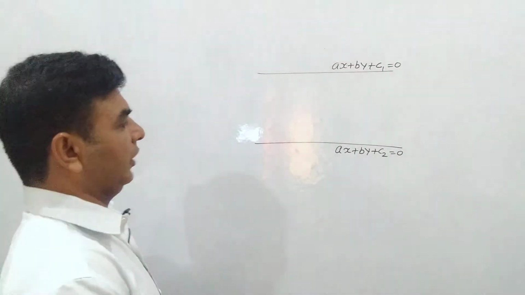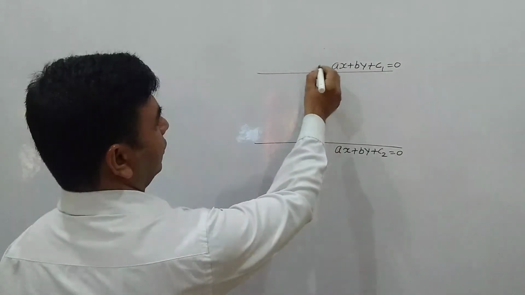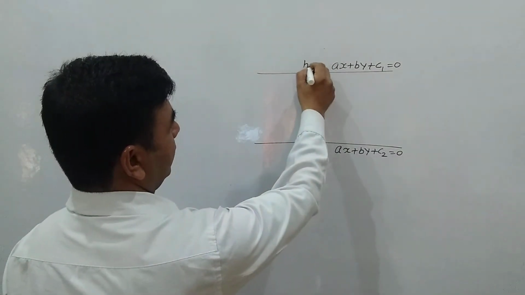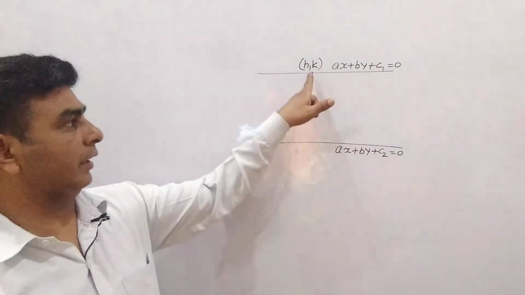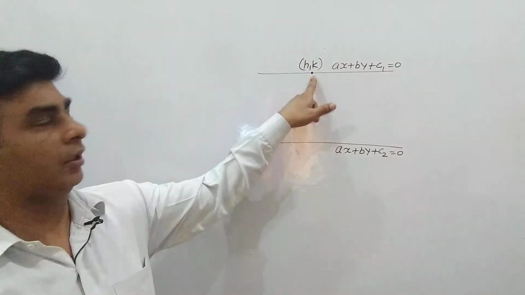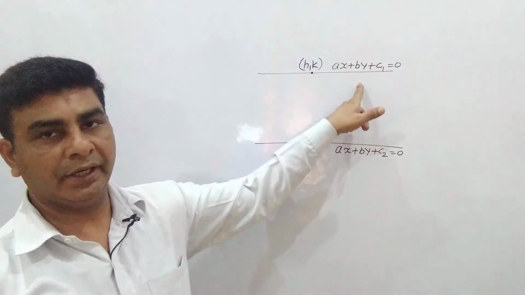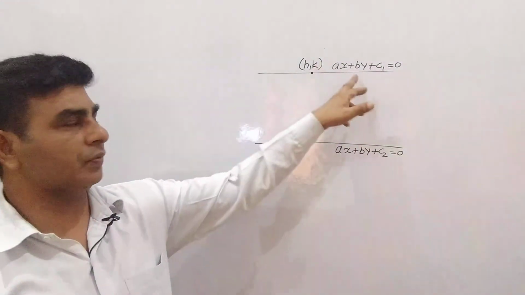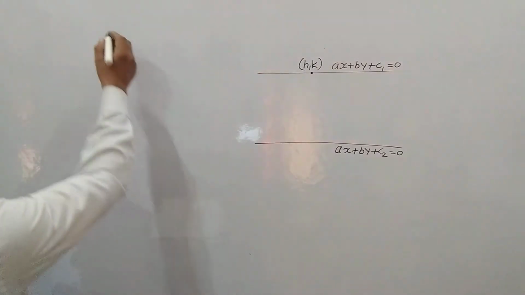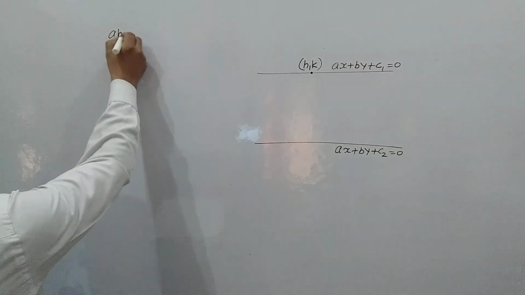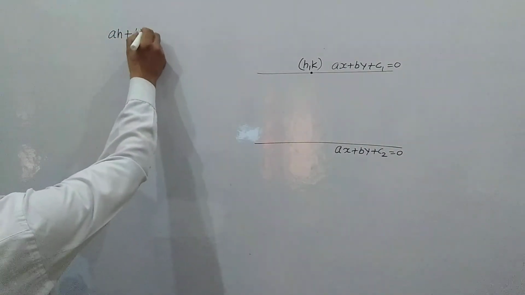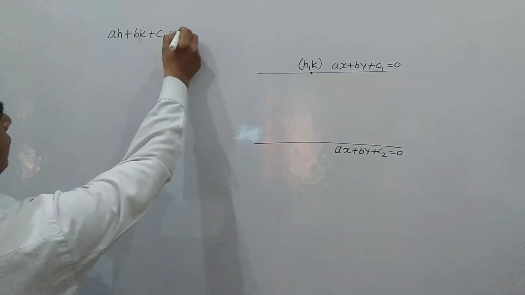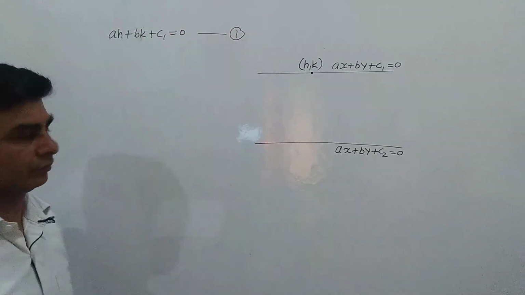For that, let me take any point on this line as h comma k. Because this point is lying on the line, it will satisfy the equation of the line as well. So it implies ah plus bk plus c1 will be equal to 0. This is equation number 1.